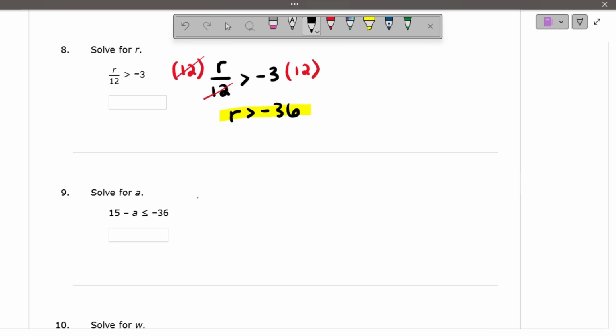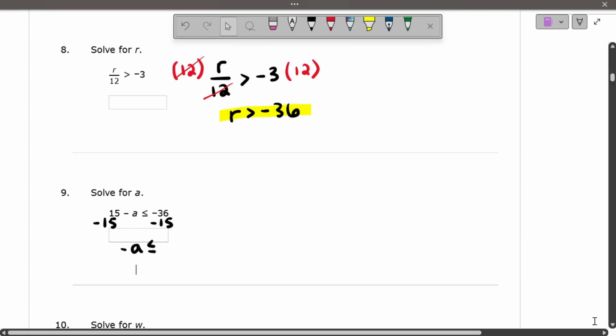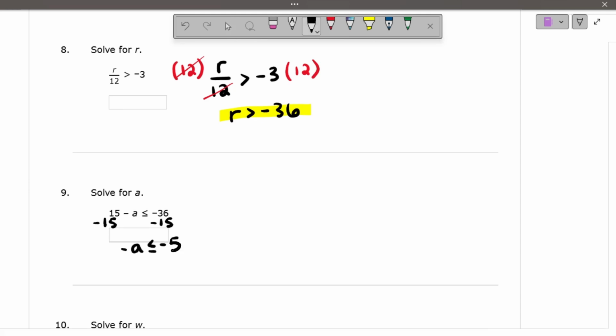And then moving right along to problem number 9, 15 minus a is less than or equal to negative 36. So let's subtract 15 from both sides, and we'll have negative a is less than or equal to, that should be a negative 51. All right. And as you can see, we have a negative sign next to our a here. That is not something that we want to leave there, because when we're solving for a, it's just a. We're not solving for negative a.